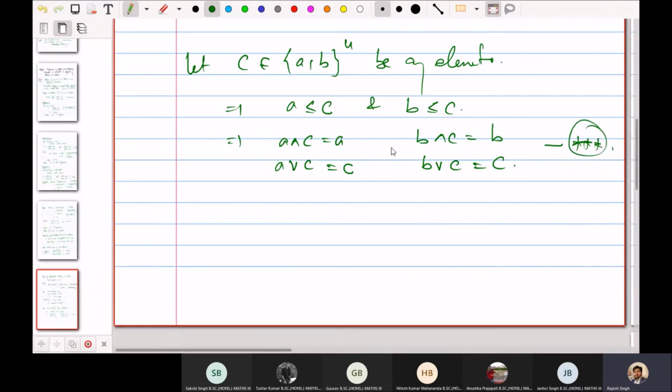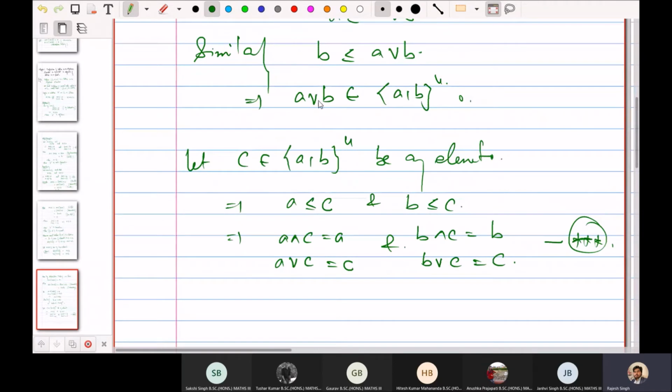So this is this. Now we have to show A cup B is related to this C. ये शो करना है because we have to show that this is the least upper bound. So we have to show A cup B is related to C.